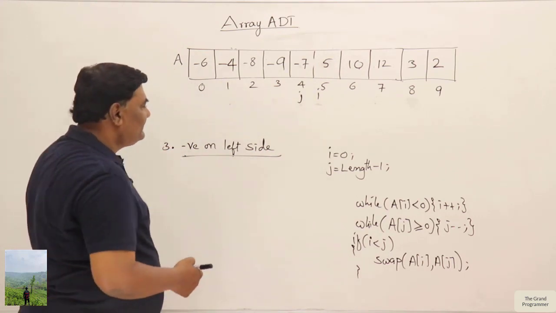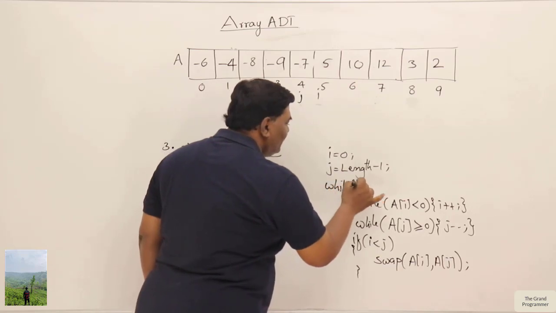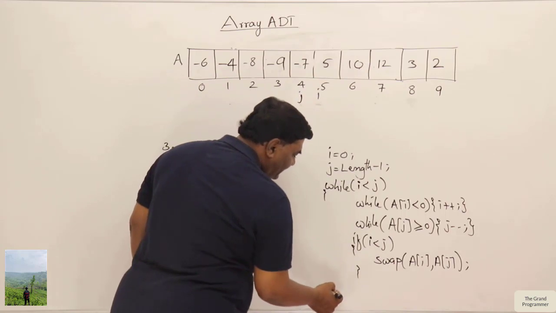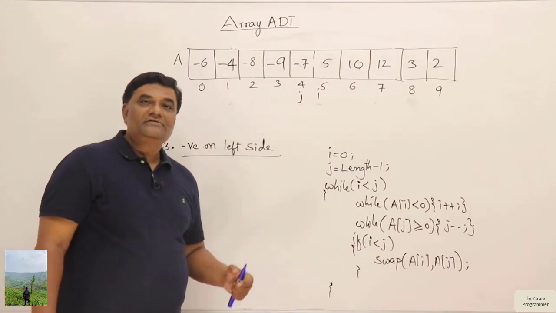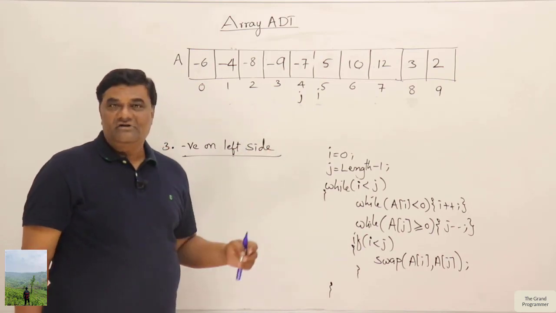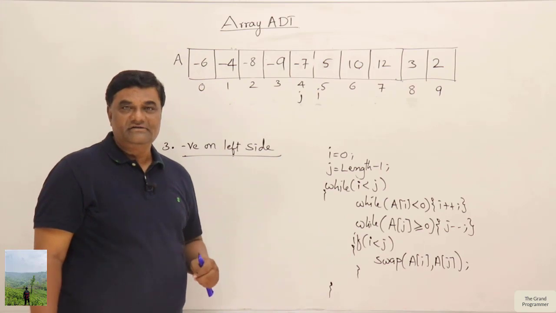How long do we do this? As long as i is less than j, the while loop will continue. So this is the procedure for arranging all negatives on one side and positives on the other side.